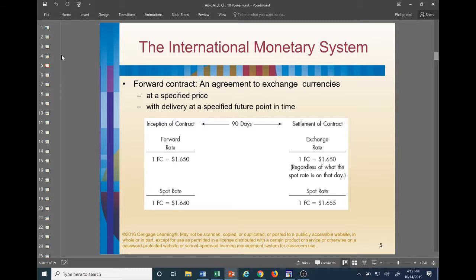So as we can see here, at the inception of the forward contract, the forward rate is going to be 1 foreign currency equal to 1.650. So in 90 days, at the settlement of the contract, the exchange rate is going to be 1 foreign currency equal to 1.650, regardless of what the spot rate is on that day.